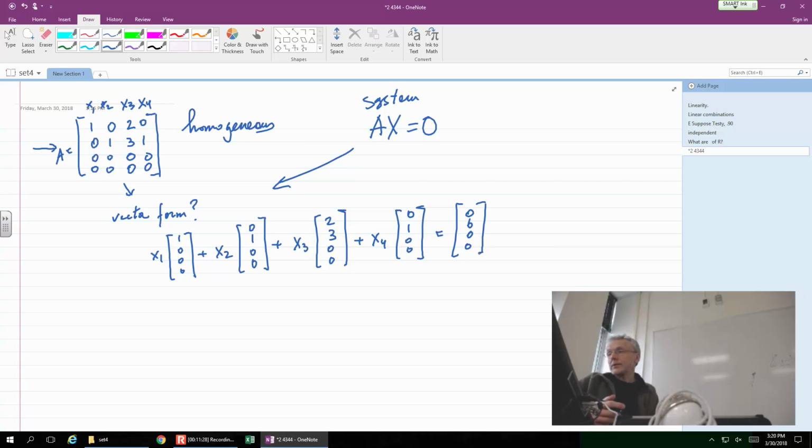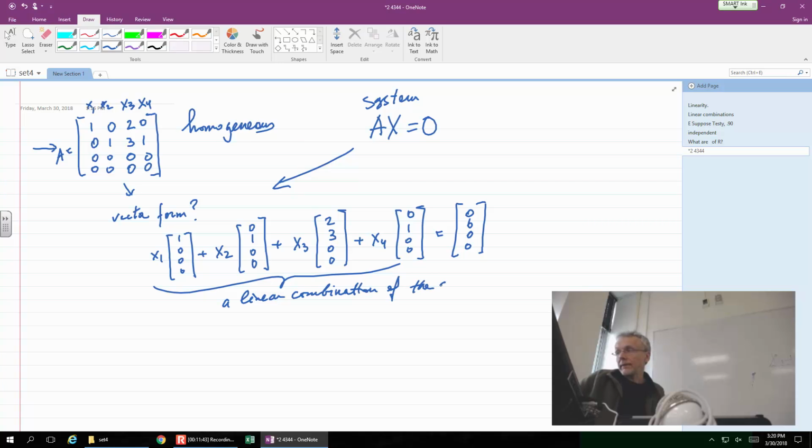So this is the vector form of our system, and as you can see, this is a linear combination of the column vectors of A. Decomposing our matrix of coefficients into columns is a crucial step, so it will also reappear a few times.